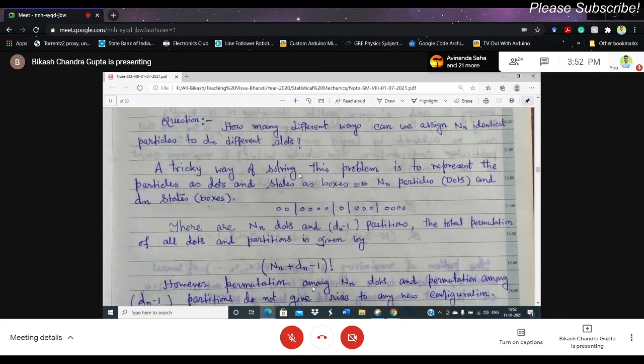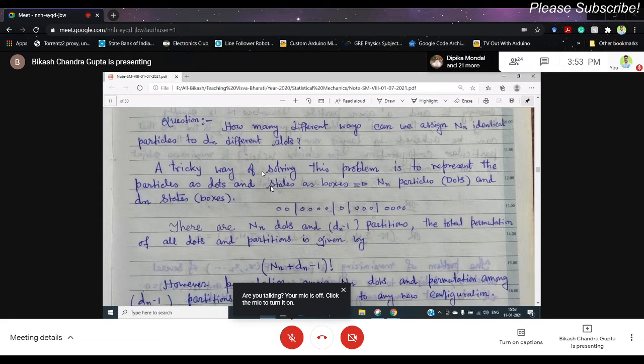The tricky way of solving the problem is to represent the particles as dots and the states as boxes. I think I discussed it earlier also. So Nn particles are dots and Dn states are boxes.